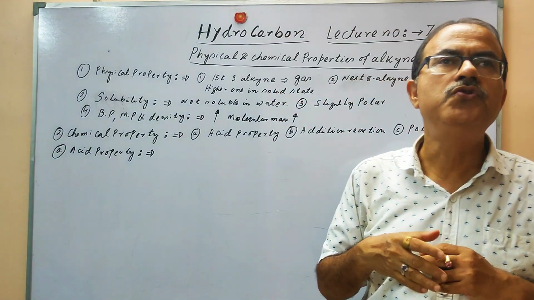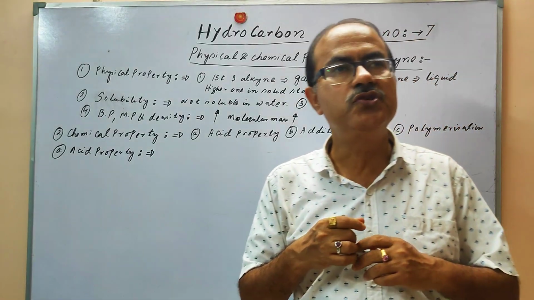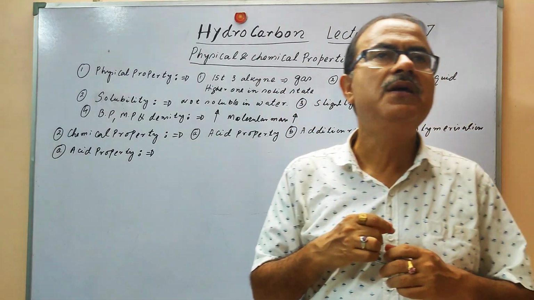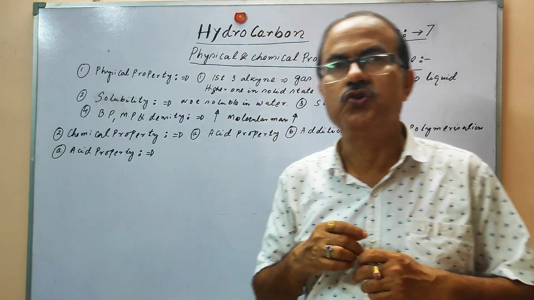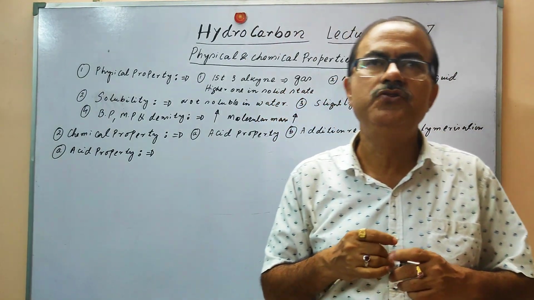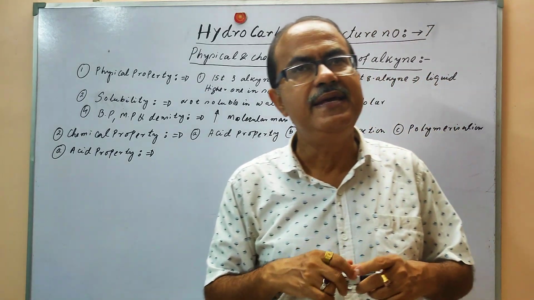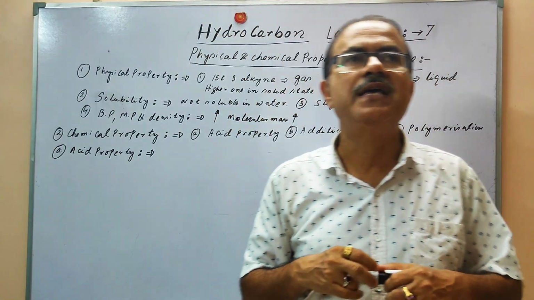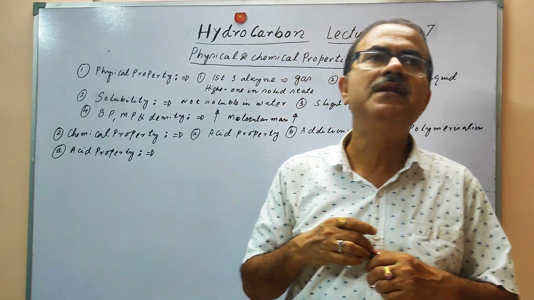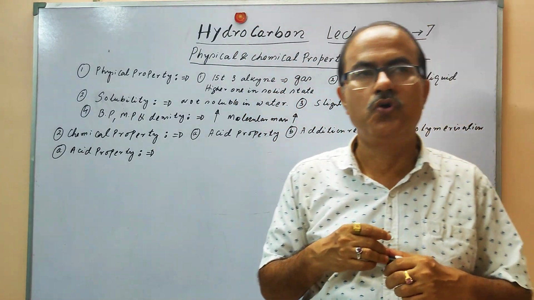It is going to produce hydrogen or ammonia, whereas the alkene or alkane do not. So the question arises, why is it so? Why does alkyne show the acid property and at the same time the alkene or alkane do not?